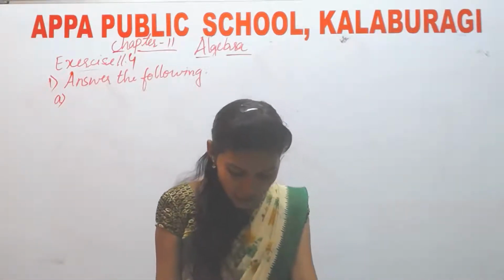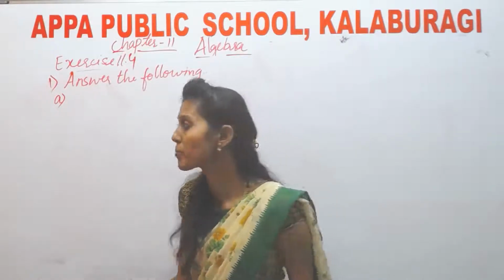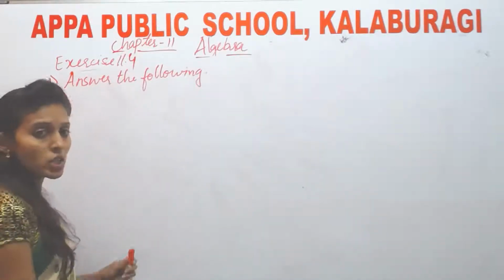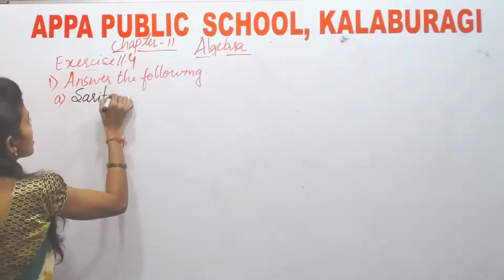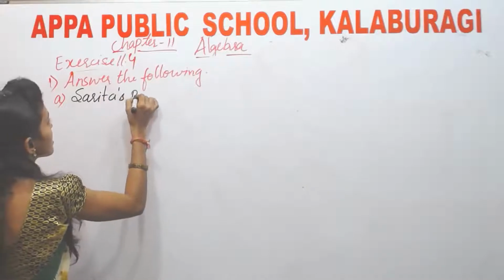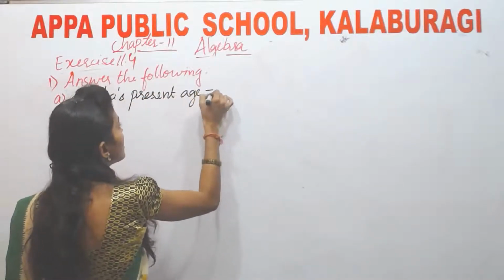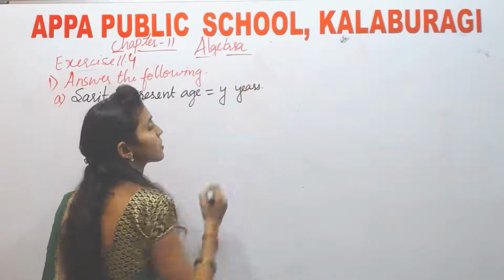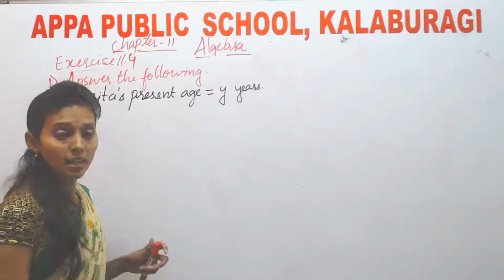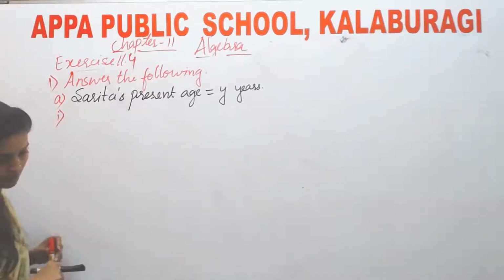Take Sarita's present age to be y years. Okay. What is Sarita's present age? Sarita's present age is y years. Okay, y years.